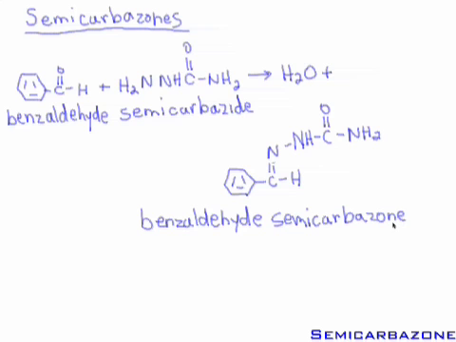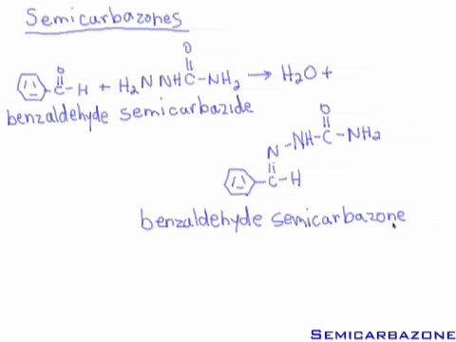Now, oximes, hydrazones, phenylhydrazones, 2,4-dinitrophenylhydrazones, and semicarbazones all have been used in the identification of unknown aldehydes and ketones. The reason for this is they tend to form very crystalline products. They have very characteristic melting points.